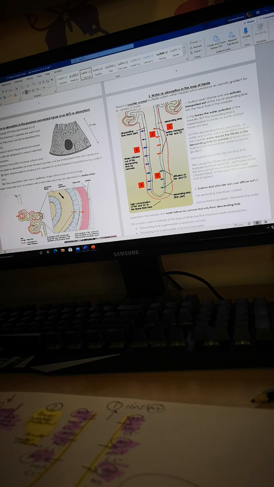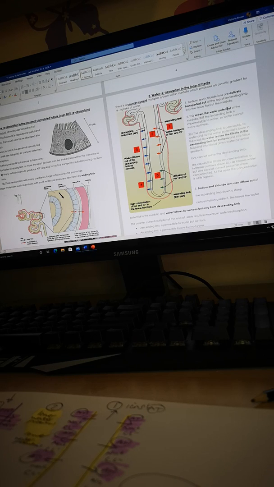Okay, so if you turn back into your keynotes here, you can see that you've got that described, hopefully, in bullet points that match up with this diagram here. So, number 1, this is the active transport of sodium and chloride ions out at the top of the ascending limb.